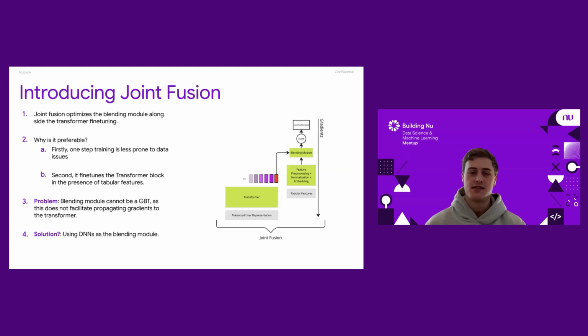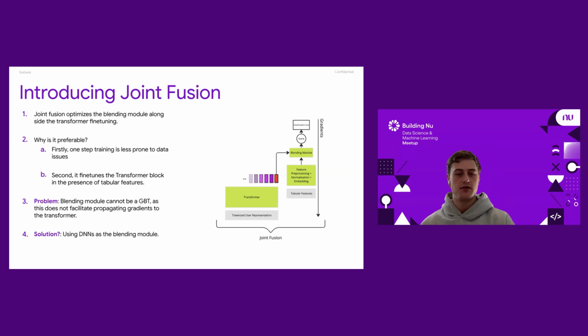This figure on the right-hand side shows the general structure of joint fusion, which looks very similar to late fusion, except now you can see that this entire process happens as a single step. And again, this is preferable for two reasons. Firstly, since it's a one-step process, it's less prone to data issues.